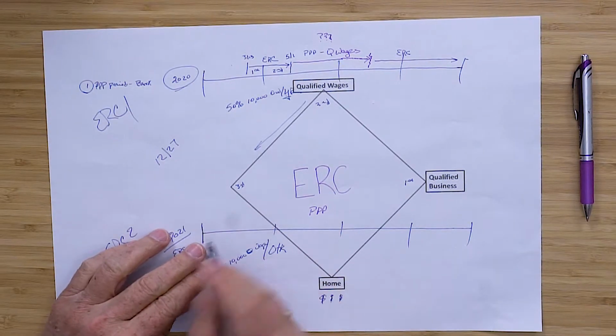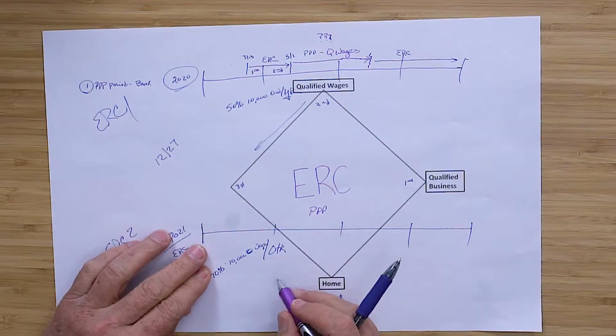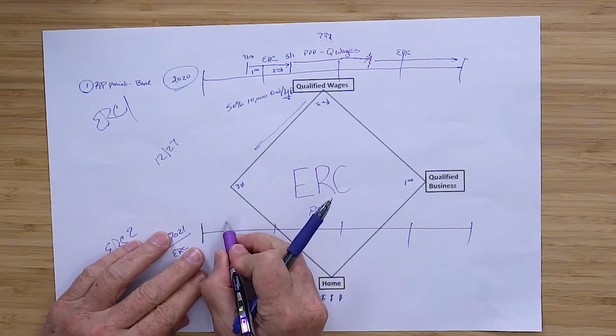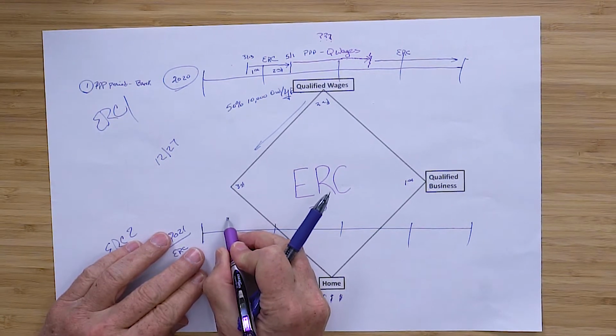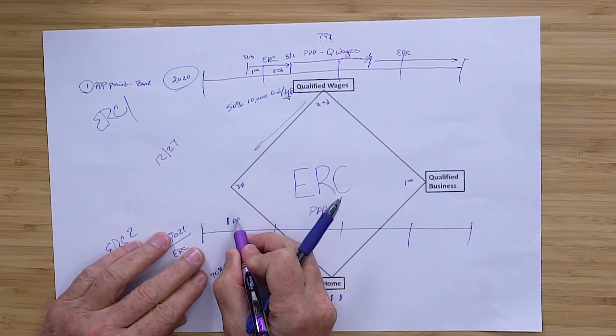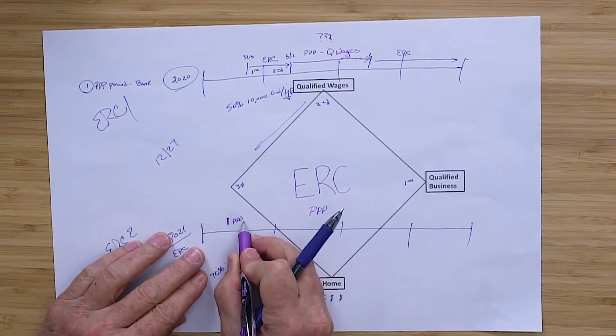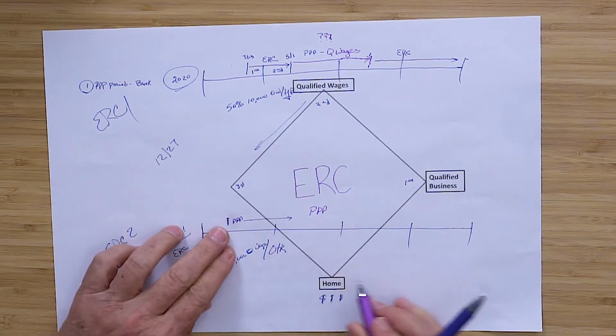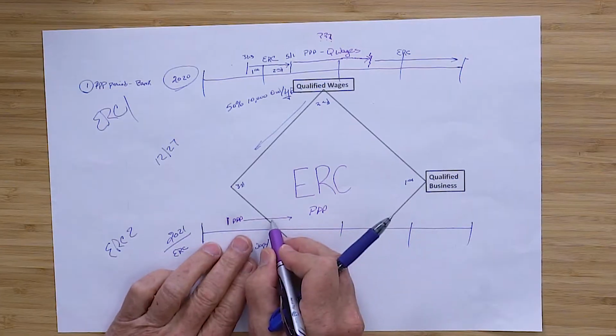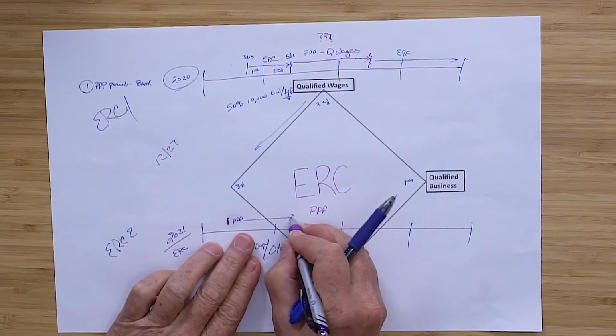So let's go back here to January 1st. For example, I had clients that in the last week of January got PPP. In that case, when the money got deposited, they start counting that as qualified payroll for PPP. Can't double dip. So during this timeline, we get nothing.